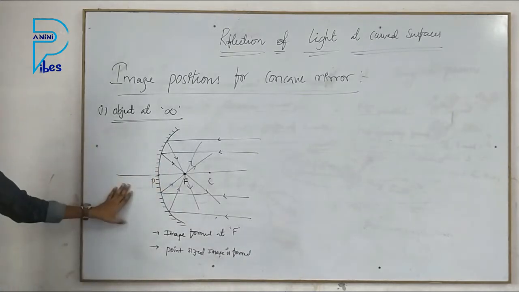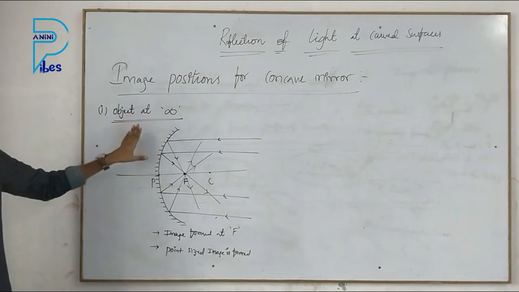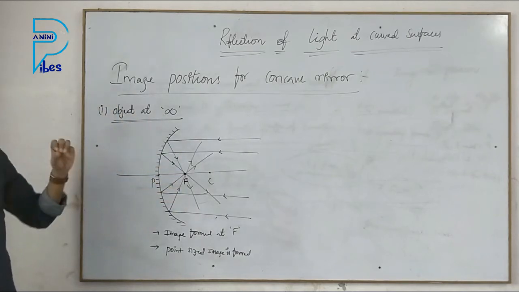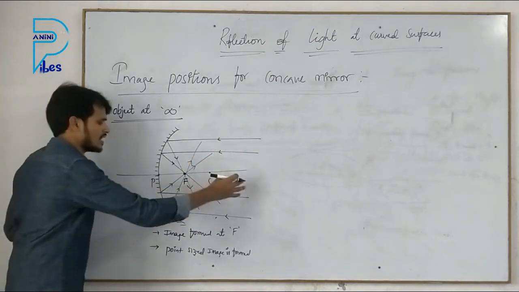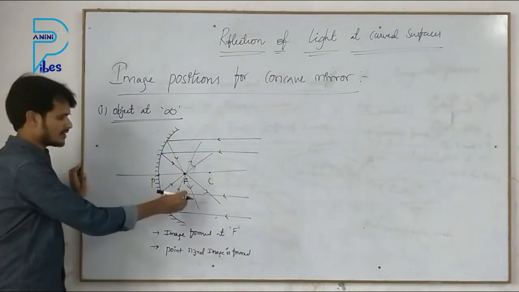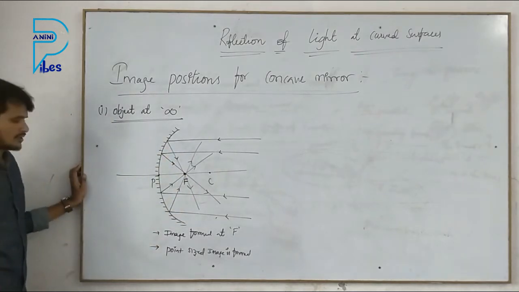So the first position is for an object placed at infinity. If the object distance is not mentioned, you can blindly follow that all incident rays are parallel to the principal axis. If all rays are parallel to the principal axis, the reflection takes place through the focus only.